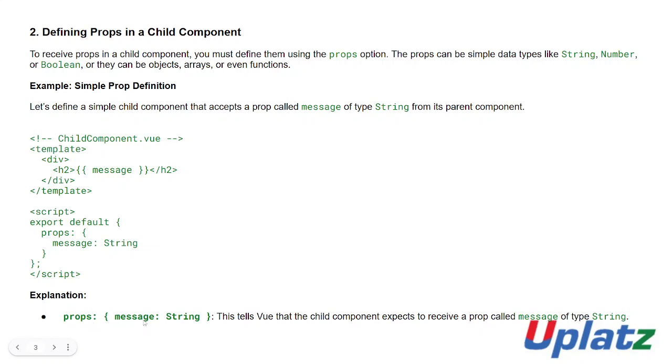Props, message colon String. This tells Vue that the child component expects to receive a prop named message of type string.